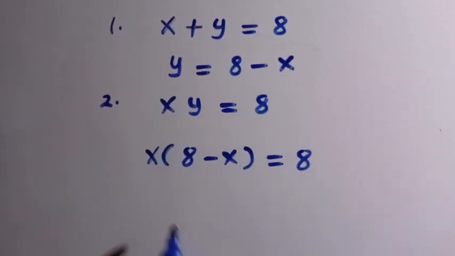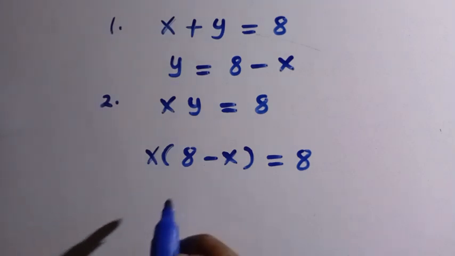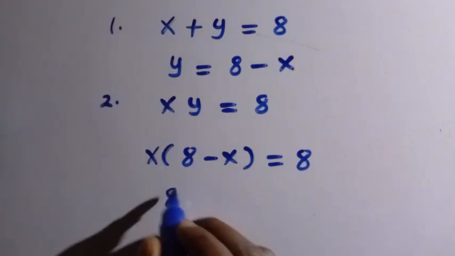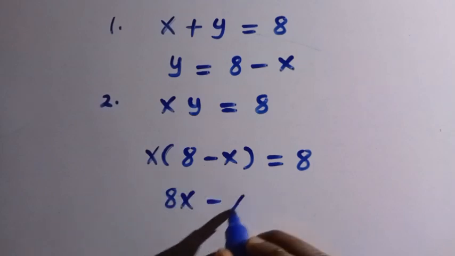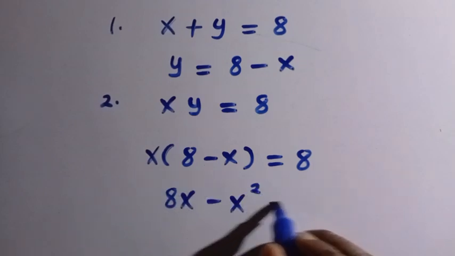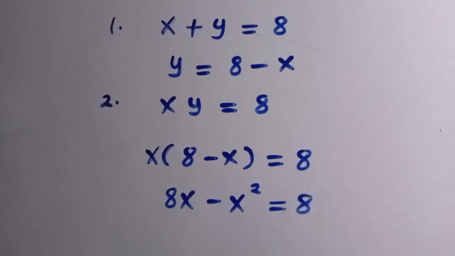And then we open this parenthesis with this x. So x multiplied by 8 gives us 8x minus x times x, that is x squared, equals 8.